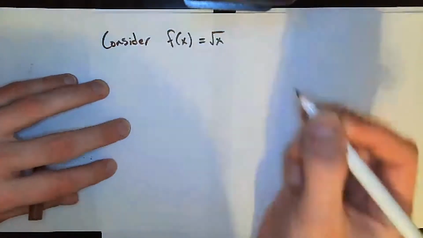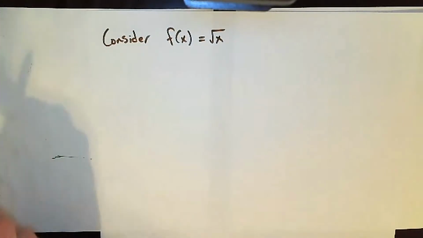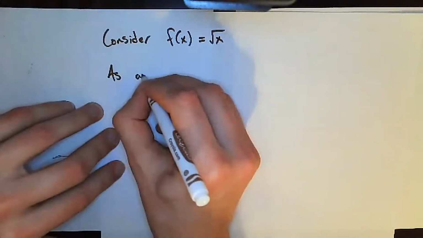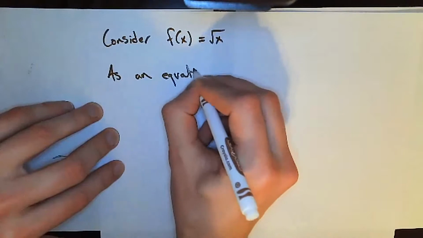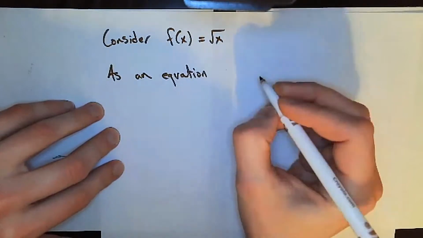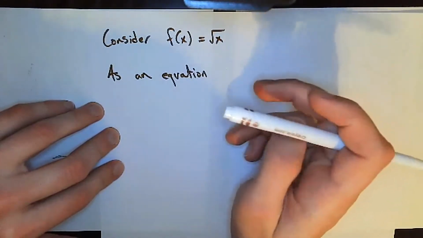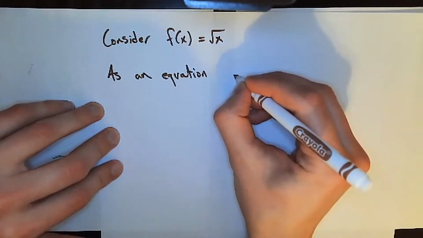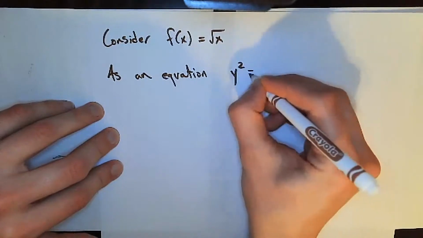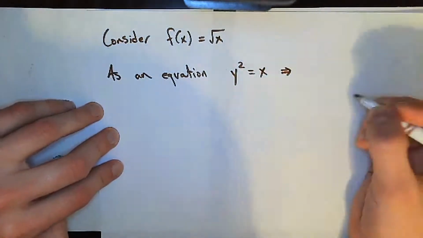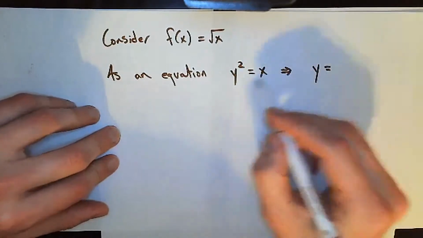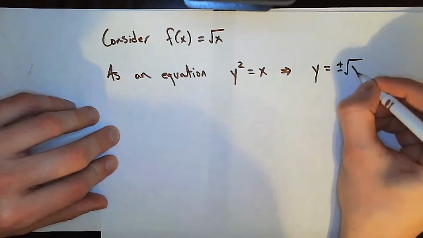Because there's a lot to say about this square root of x function. As an equation, if I have y squared equals x, and I'm solving for the output y, then y would be equal to plus or minus square root of x, right?